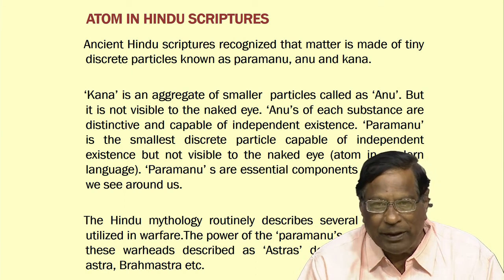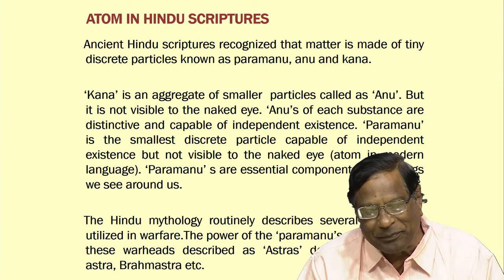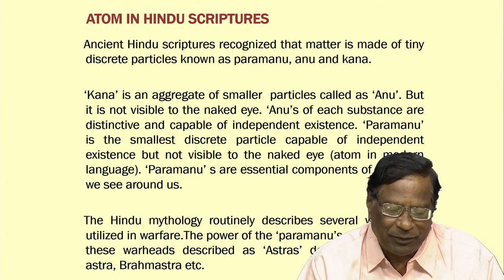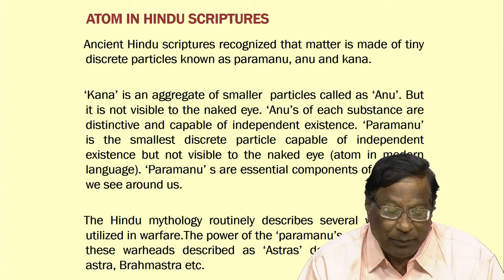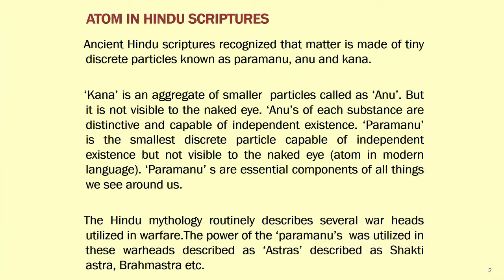So, it approximates to the atom in modern language. In scientific terms, we call it atoms. So, paramanu are the essential components of all things we see around us. So, now we know 3 fundamental particles known to Hinduism. One is paramanu, another is anu, and next is kana.